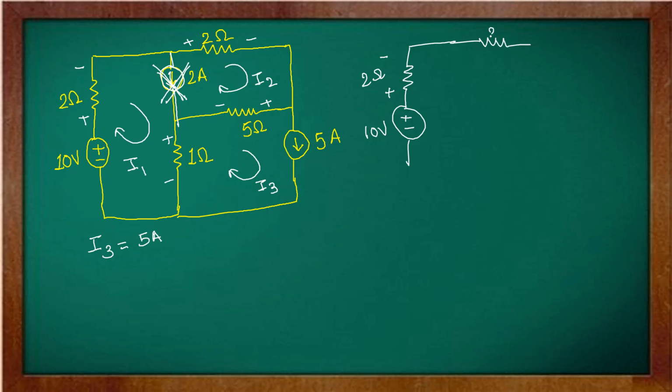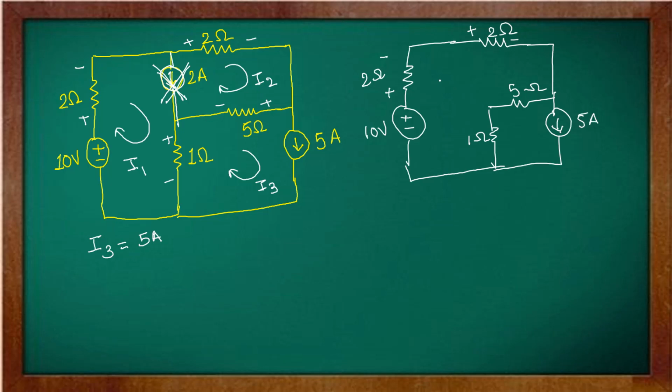Then here a 2 ohm, plus minus, then a 5 ohm, then a 1 ohm, and here our current source of 5 ampere. Now let's write the currents as they are: I1, here I2, and here I3. Write the polarity as it is.